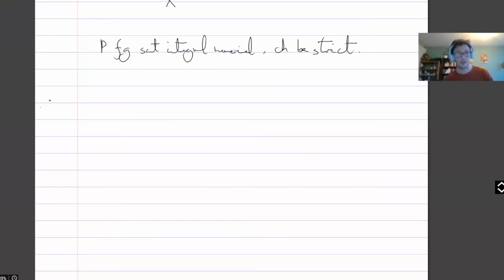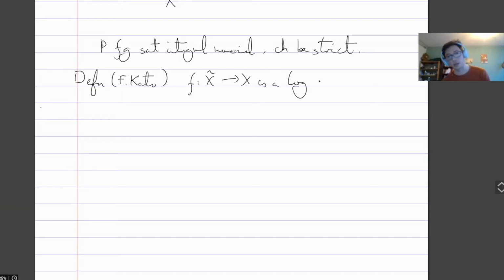So there's a definition, it's due to Kato. X tilde to X is a log blow-up. So this is sort of the replacement of subdivisions of fans.